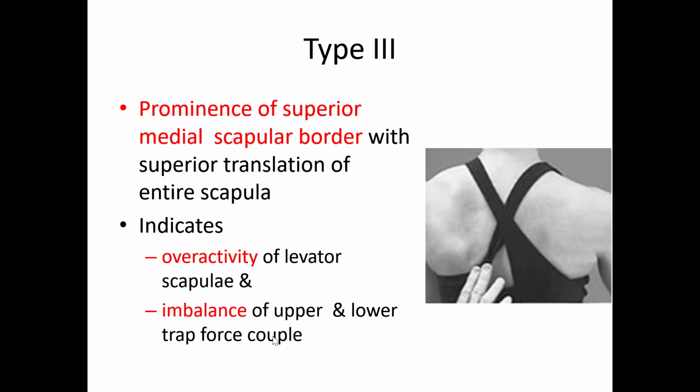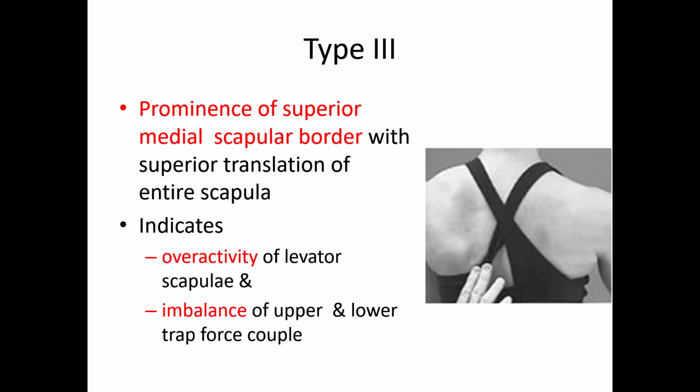Usually there is a balance between the force generation of the upper and lower trapezius, but if there is an imbalance in the production of force between them, that may lead to superior translation or superior prominence of the scapula.